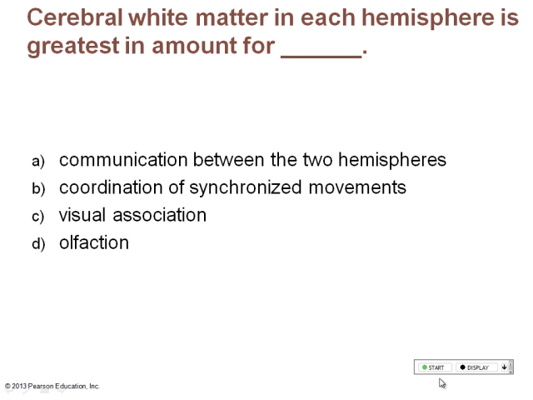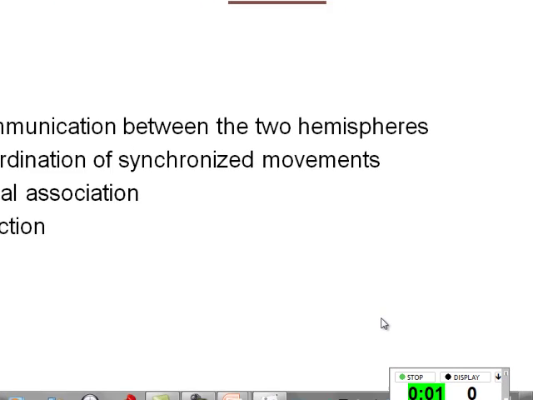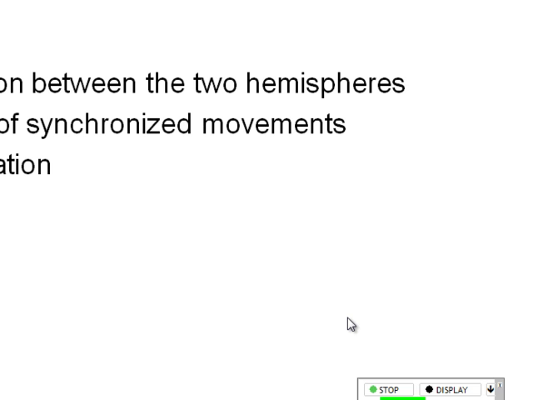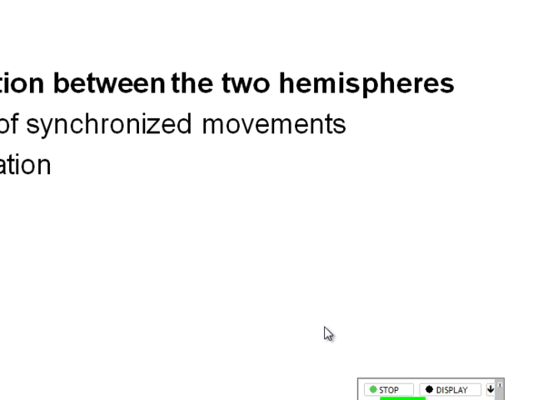Cerebral white matter in each hemisphere is greatest in amount for what? We're talking the cerebrum. 5.